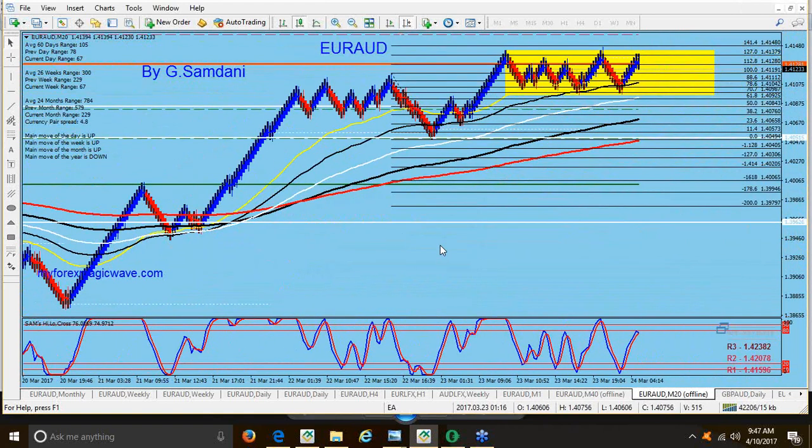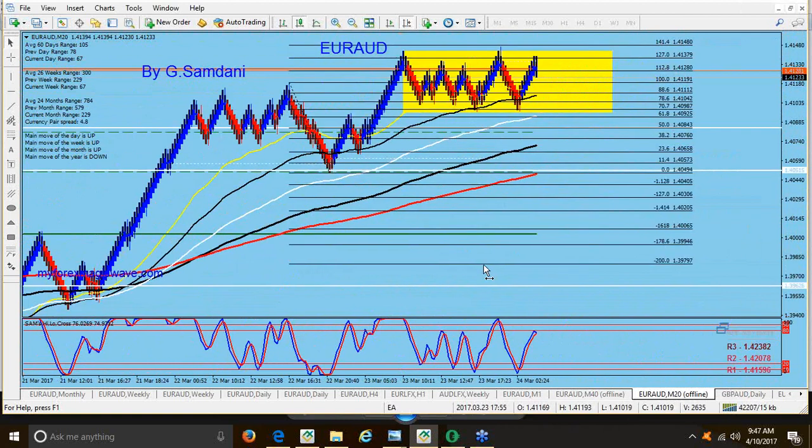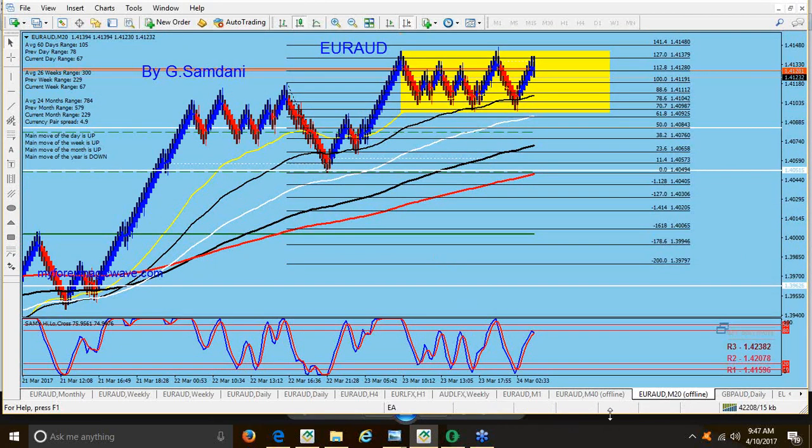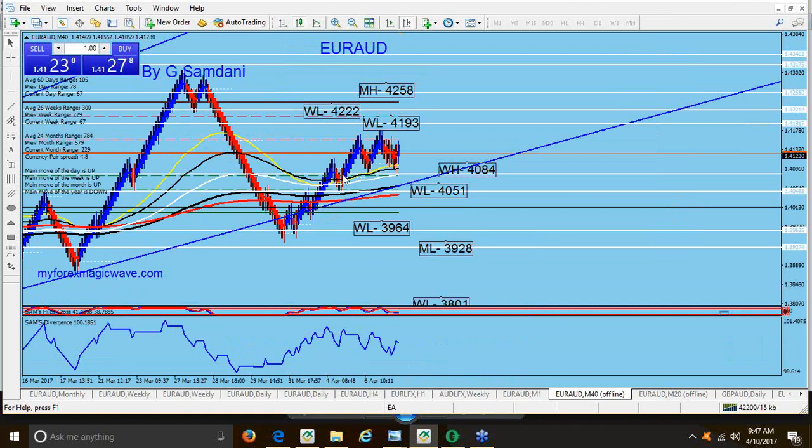You never know. So far right now, the 20-minute and 40-minute both are bullish, because you see this move up. We are above the wave. If you are above the yellow and black line, you're bullish. The bias is bullish. But when you're counting harmonic patterns and Elliott wave, things change a little bit.